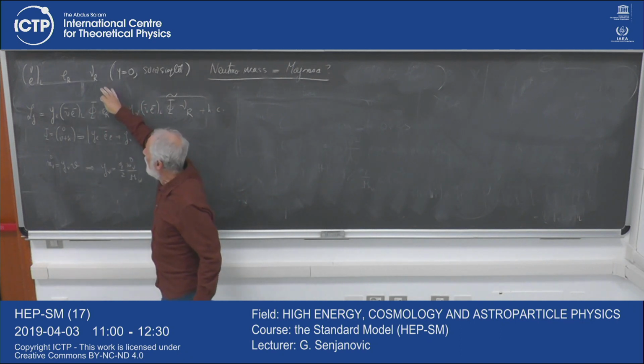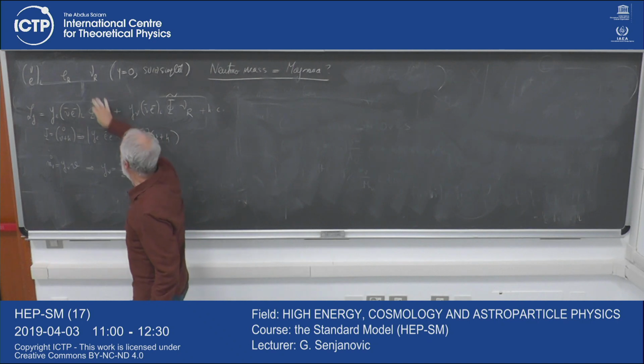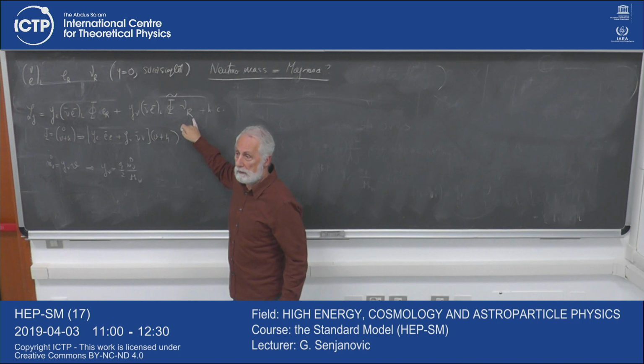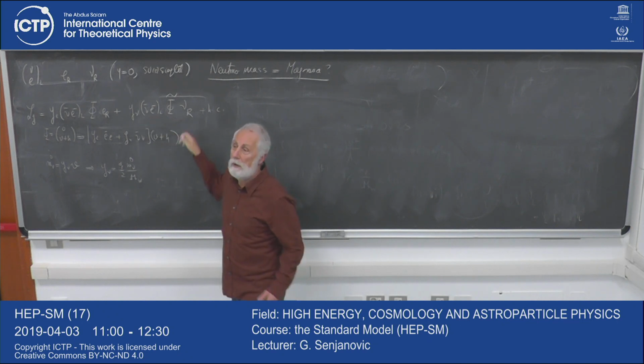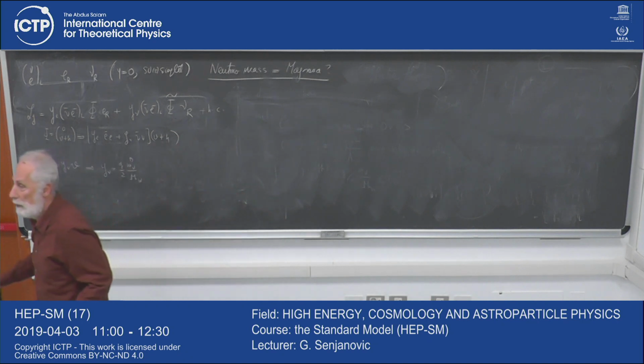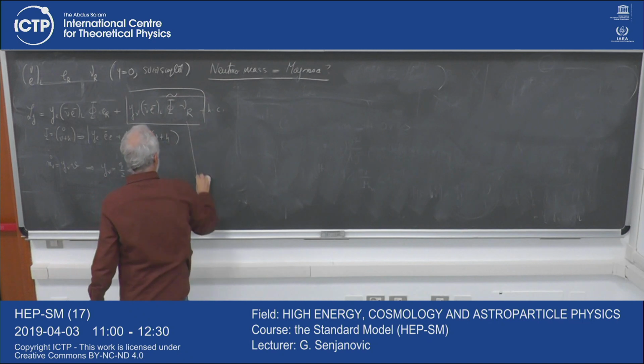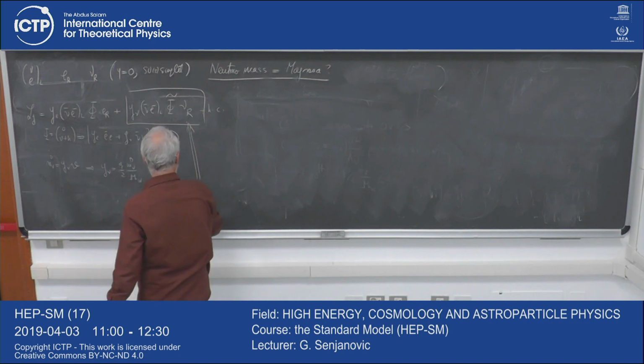Why do I call it right-handed neutrino, by the way? It's not because I put it here. This is the definition of right-handed neutrino. Now it's coupled to the left-handed neutrino through the mass. That's the definition of right-handed neutrino, and it's defined here. This is why we call this guy often right-handed neutrino.